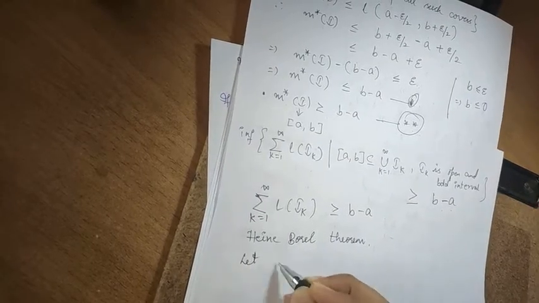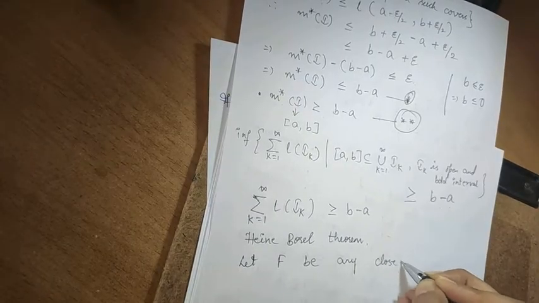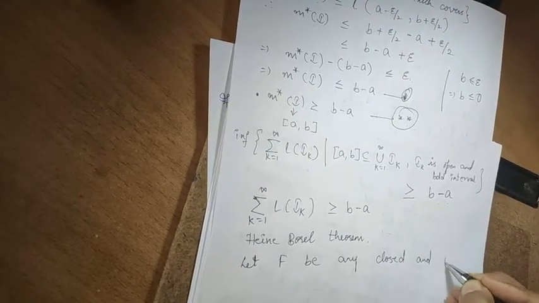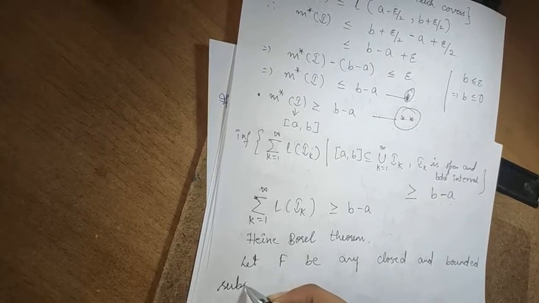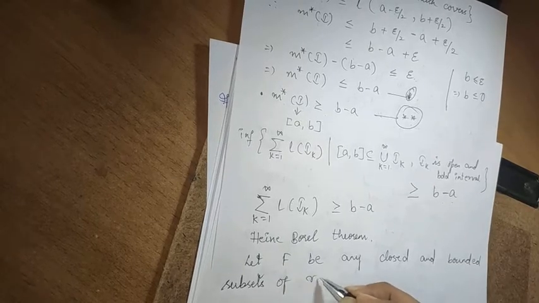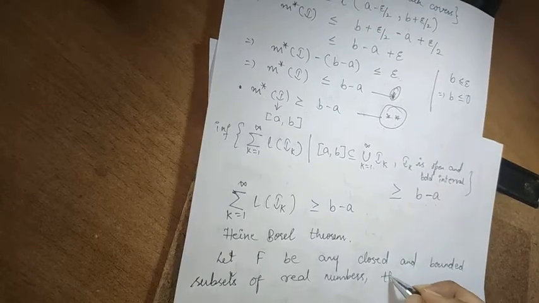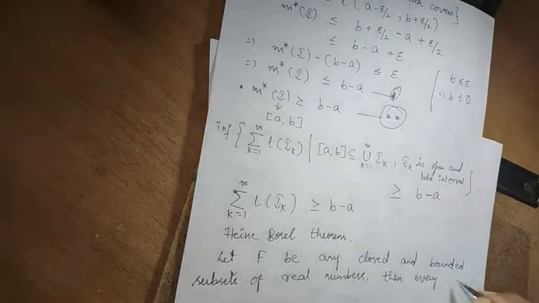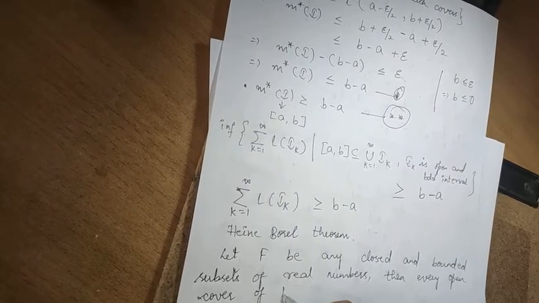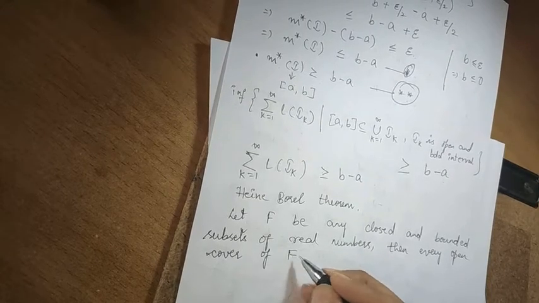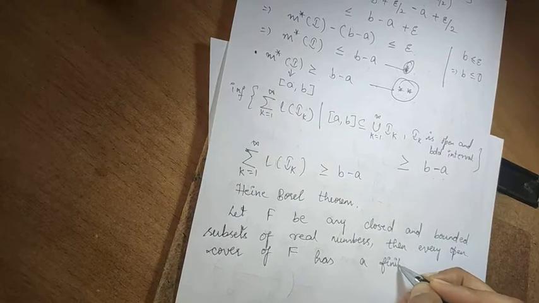Let F be any closed and bounded subset of real numbers, then every open cover of F has a finite subcover.